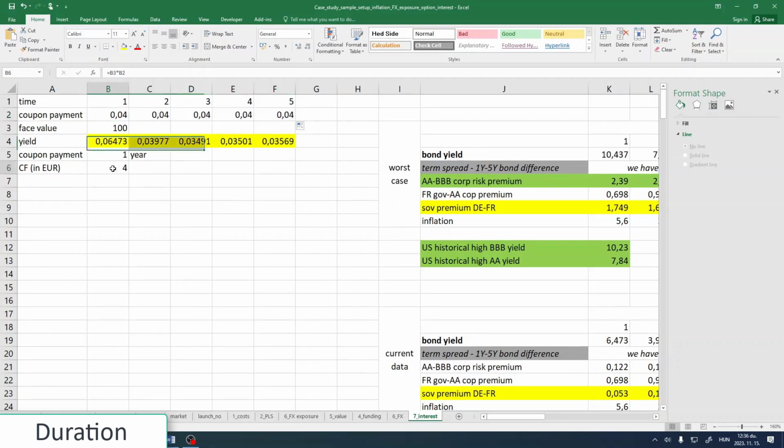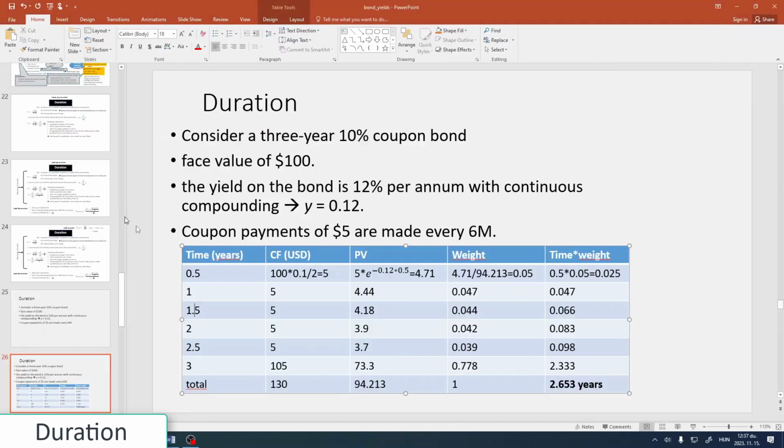Maybe if we are allowing the face value to change in the future, it's easier. Let's not, let's fix the face value. But we know that in the last year we have to repay this one as well, so 4.